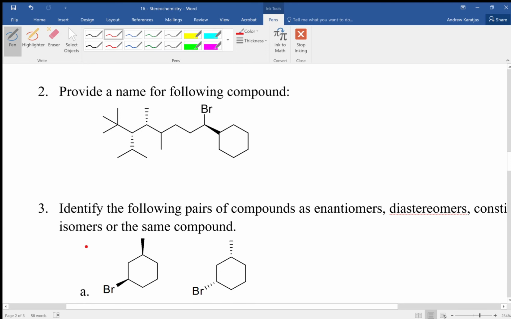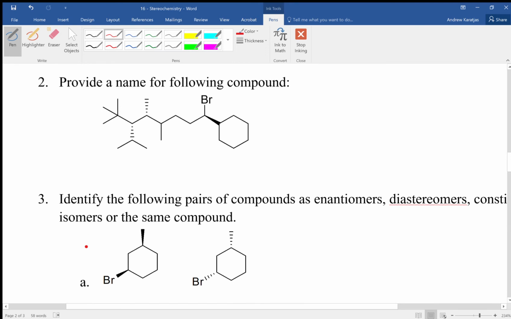And so in question 2 then, we're just kind of taking all of this to the next level. Provide a name for the following compound. So we'll start numbering this one over here. And so we have an 8 carbon chain for octane.